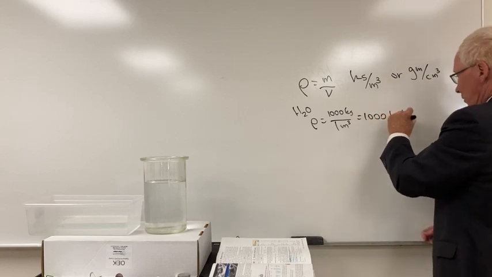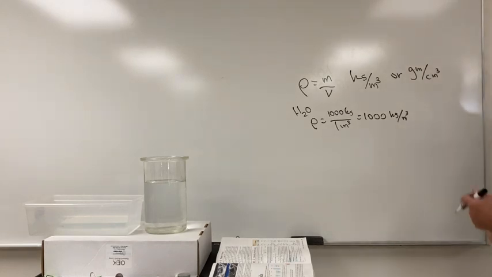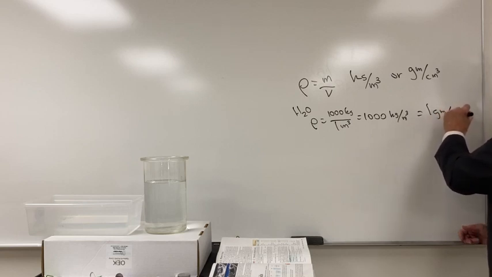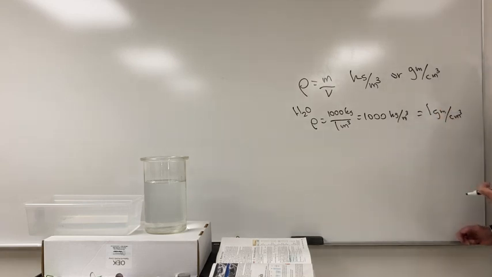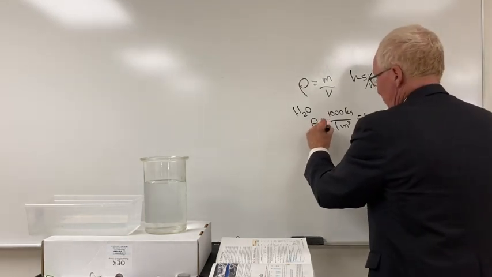That's also equal to 1 gram per cubic centimeter. So we'll get into the concept when we talk about specific density. So this is the density of H2O.